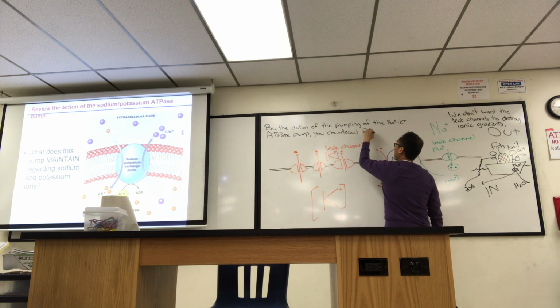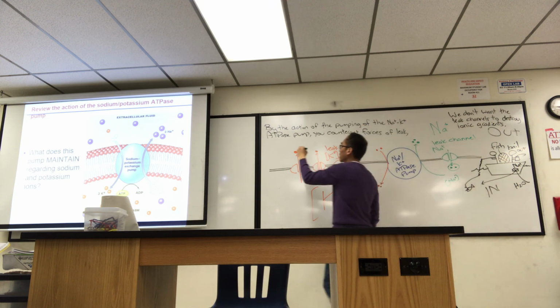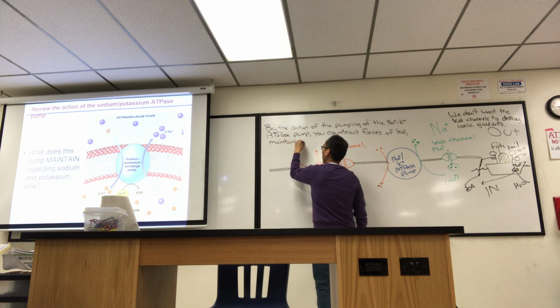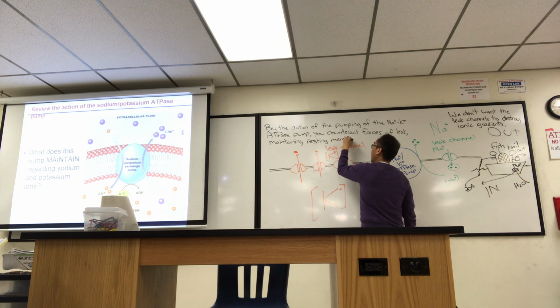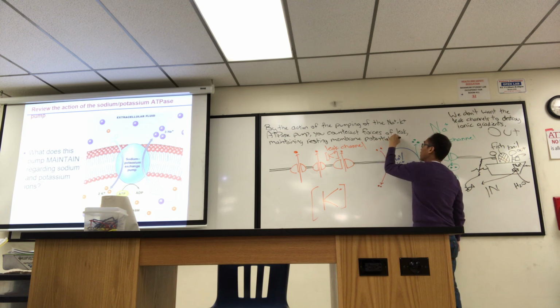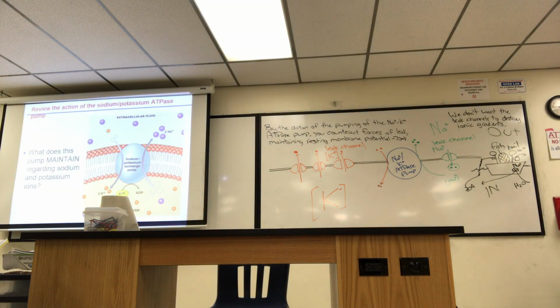Counteract forces of leak, maintaining resting membrane potential -70 millivolts. Different books might use a different number, -65, -75, but something like that. The inside of the cell is negative with respect to the outside. Okay.